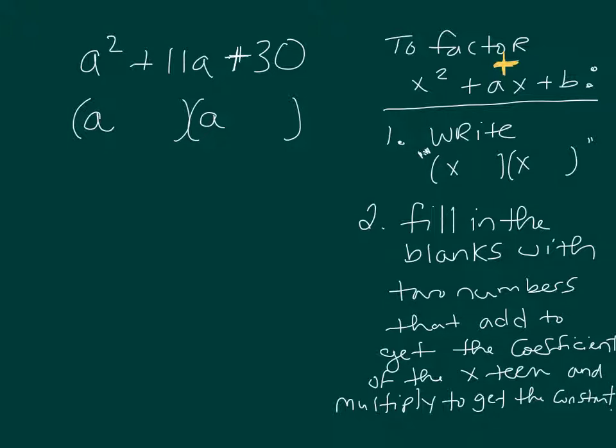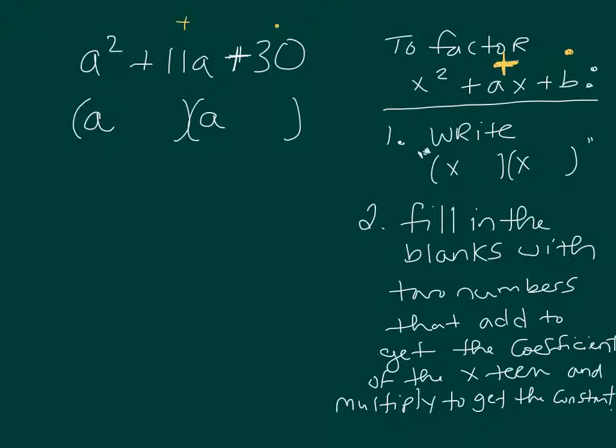So they need to multiply to get this term. If you want to put a little plus and a little multiplication symbol above each of your polynomials when you're factoring, that's a good idea. That's actually what I would do.